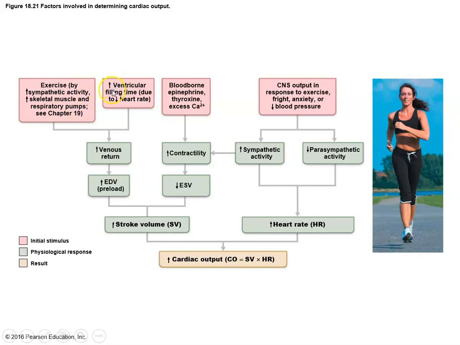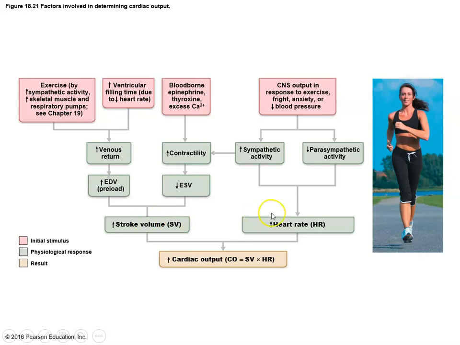You can increase the ventricular filling time by slowing down the heart rate. The longer you give the ventricle time to fill, the more full it becomes, which means you get more blood output. We can also look at some hormonal things like epinephrine, calcium levels, things like that, that change the heart muscle function, which would eventually increase stroke volume.